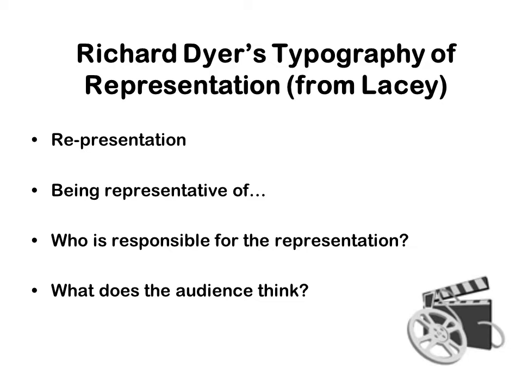Like we discussed modality, the topics here allow us to examine the level of macro analysis. We will speak about characters, stories, and how they help us think about the film and what it represents to the people. To start with, we will go to Richard Dyer's typology of representation.